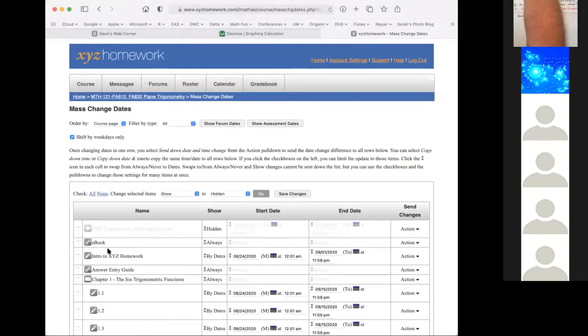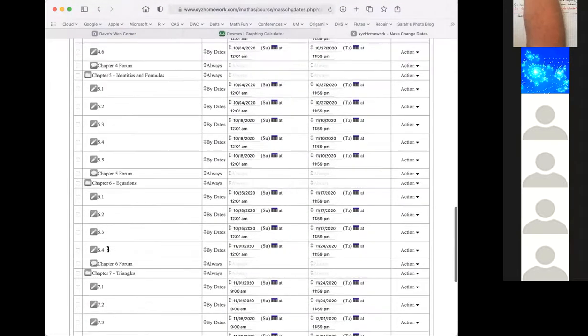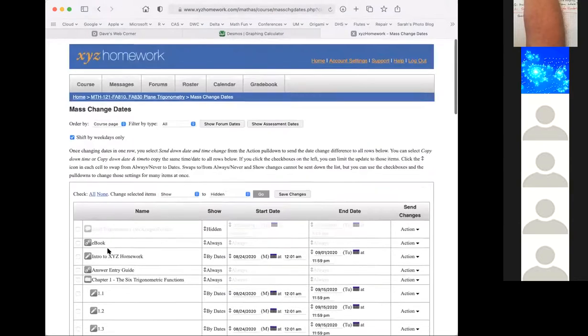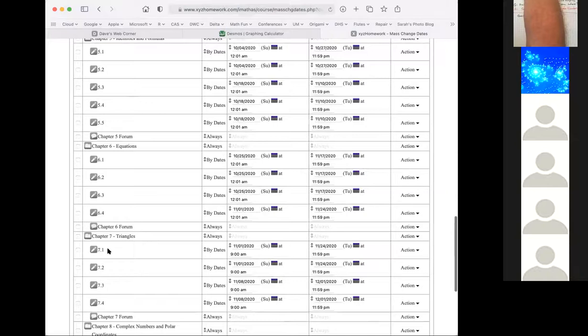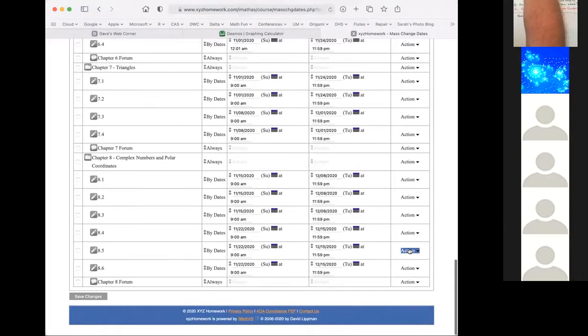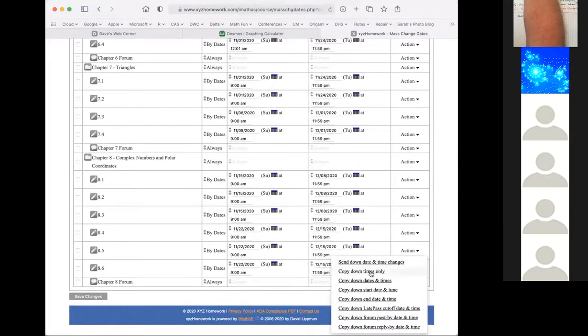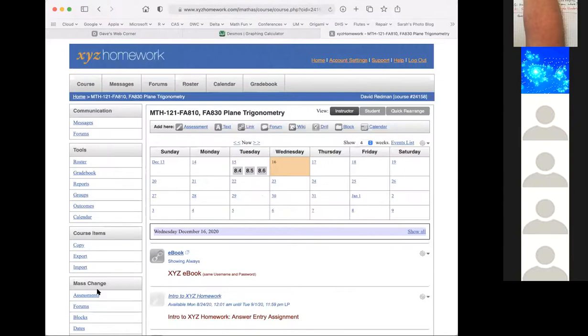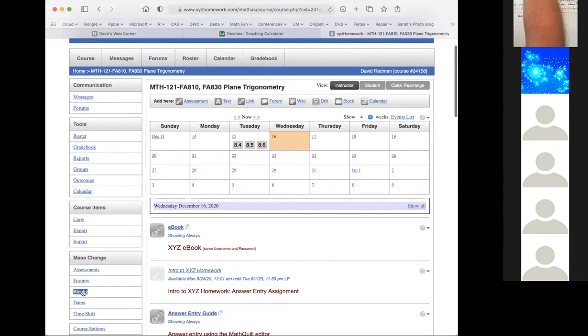Maybe I'm looking at things here that you do not see. So I'm trying to find out if the course date closed or something. Don't see it yet. Assessments, forums, blocks.